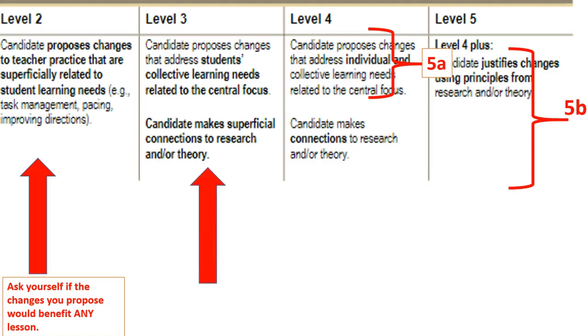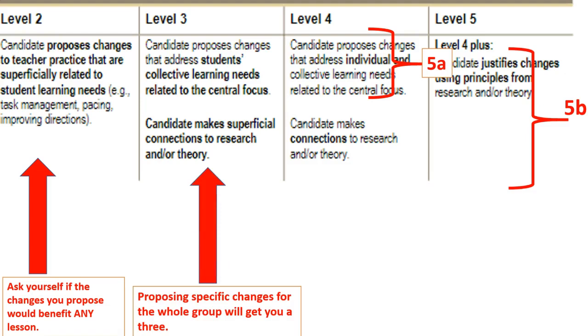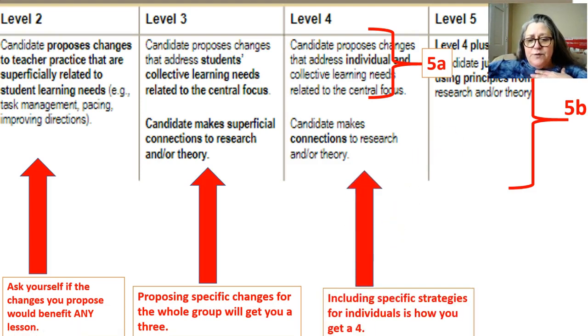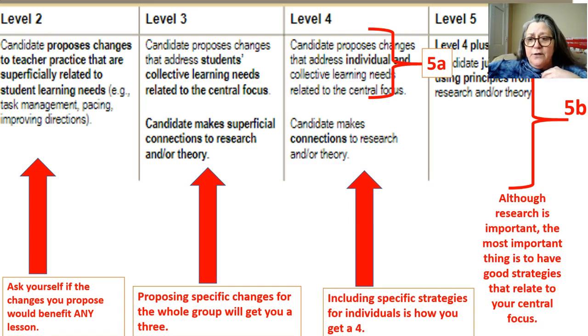They're targeted. Okay. You want to propose specific changes for the whole group. And that's how you get a 3, is talking about changes for the whole group. If you want to make changes that are specific for individuals, that's how you get a 4.